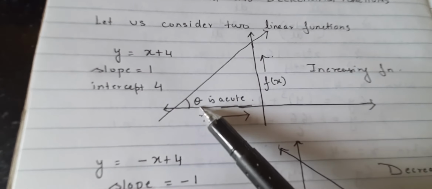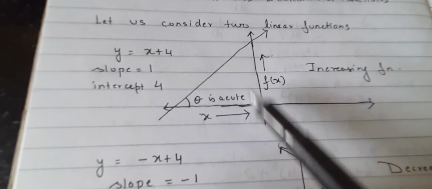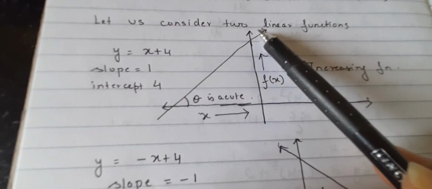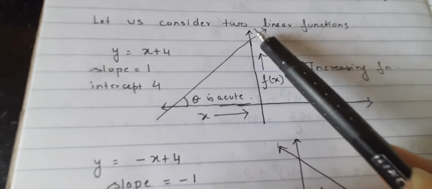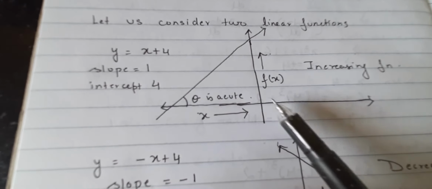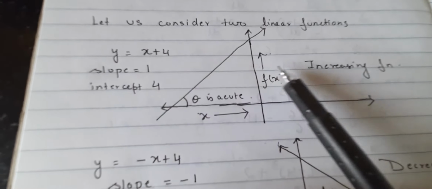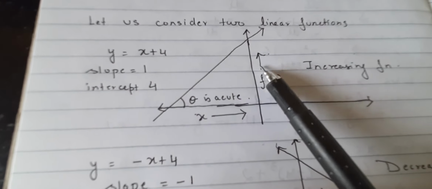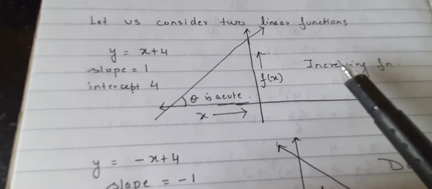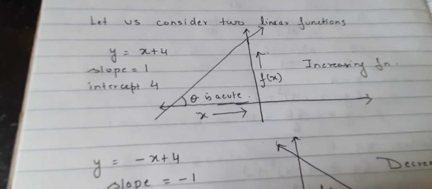When x increases and moves towards the right side, f(x) goes upwards. f(x) here is nothing but the y coordinate. So both of them are increasing. In such cases, we call it an increasing function.